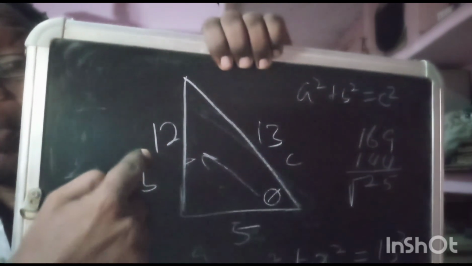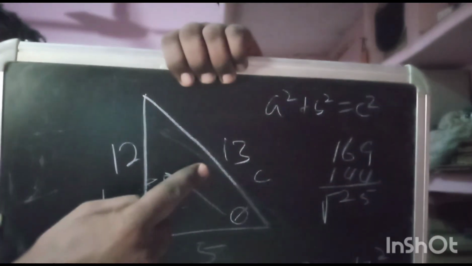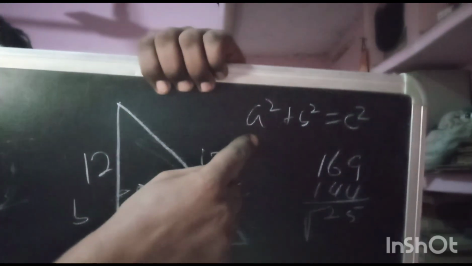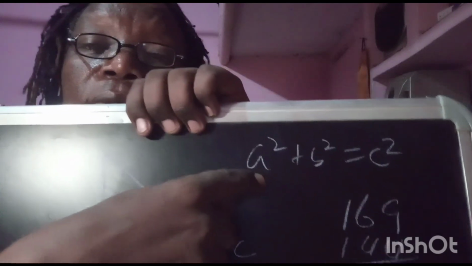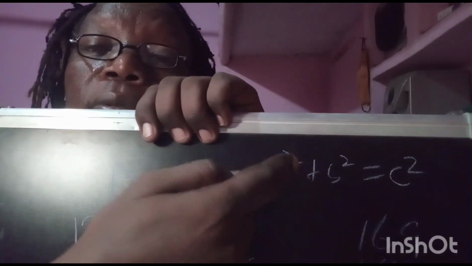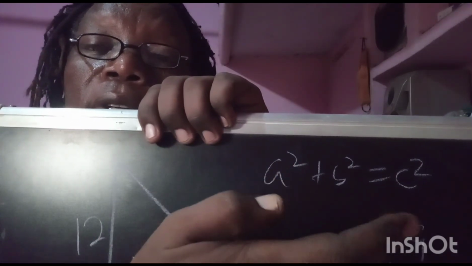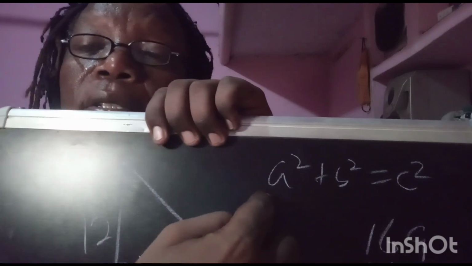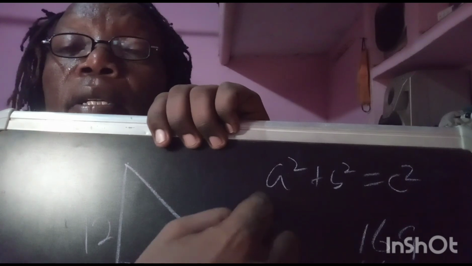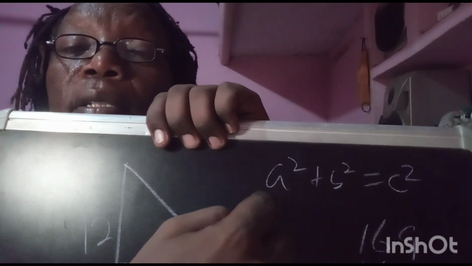So I squared this and squared that one and followed this formula, Pythagoras theorem: a squared plus b squared is equal to c squared. We know the value of c is 13. We know the value of b, and this is 12.